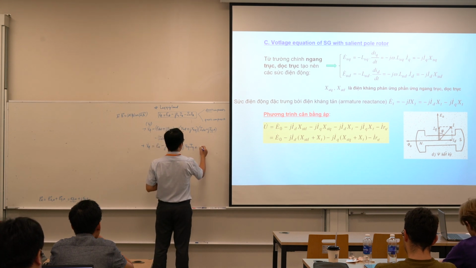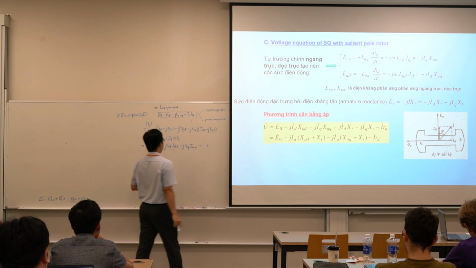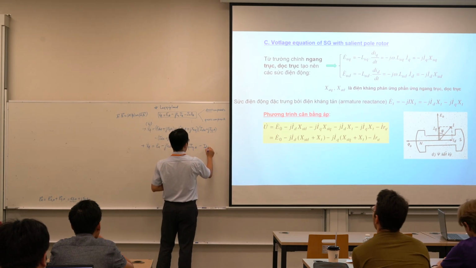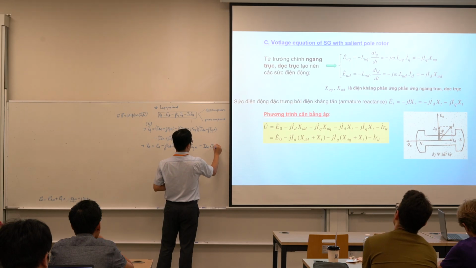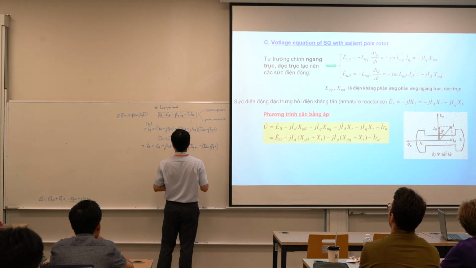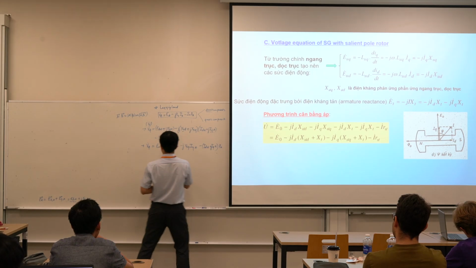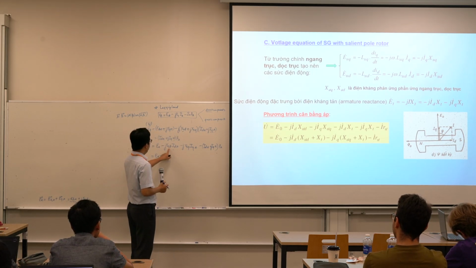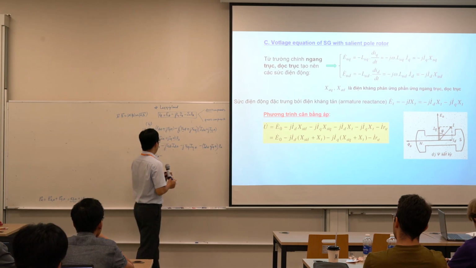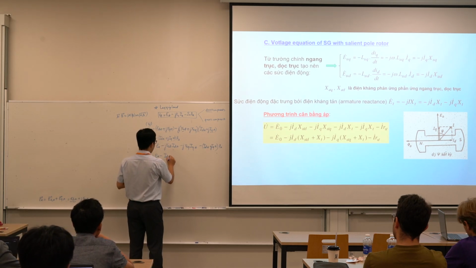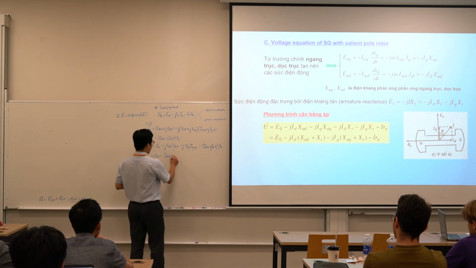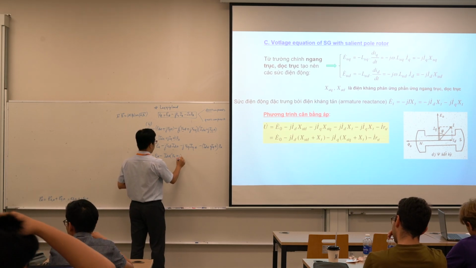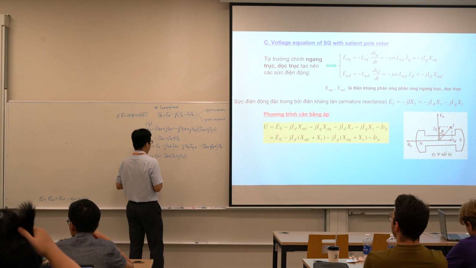And then here minus, blah blah. Okay, minus IDA plus jIQA times RA. Okay, continue. Here we have D. Here we have D. Right? So we have IDA. So inside we have RA plus jXSD. Okay.